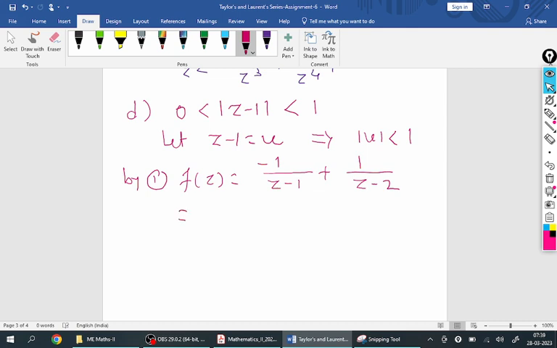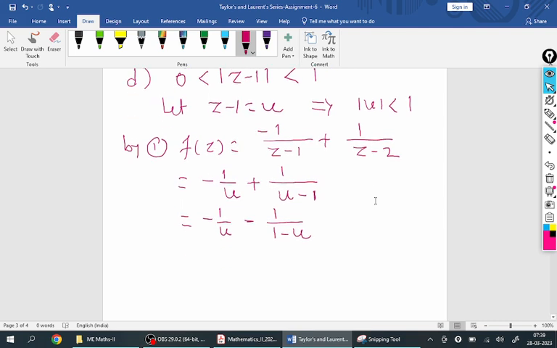So the first term, z minus 1 is u, so minus 1 by u plus 1 upon, see, z minus 2 can be written as z minus 1 minus 1, so it will be u minus 1. Now, the first term is already in the power of u because it is u raised to minus 1. Only for the second term, we require this 1 upon 1 minus u. So we should take a minus 1 common from the second. So minus 1 by u minus 1 upon 1 minus u. Now this is like 1 upon 1 minus r, where mod of r is less than 1.